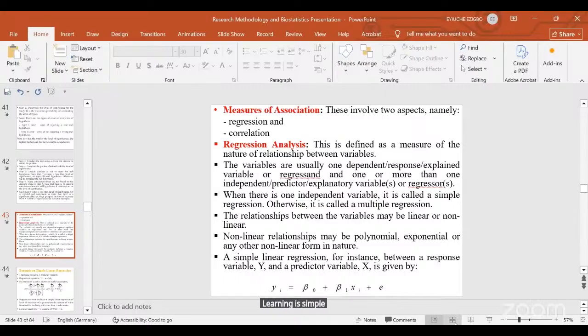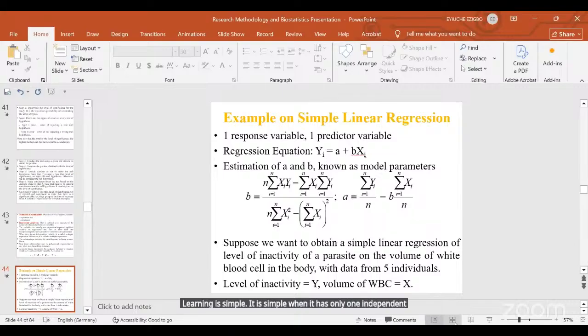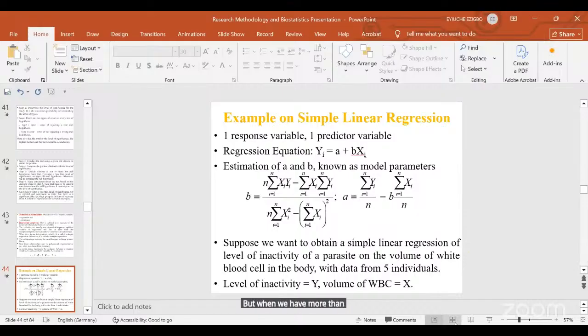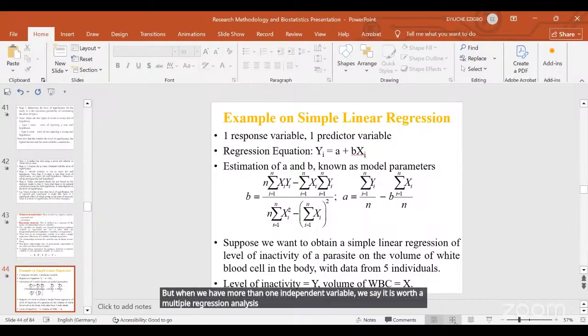It is simple when it has only one independent variable, which we have noted to be the explanatory variable or the regressor. When it is only one in a regression, we say we have a simple regression analysis. Is that clear? But when we have more than one independent variable, we say it is what? A multiple regression analysis. Is that clear?